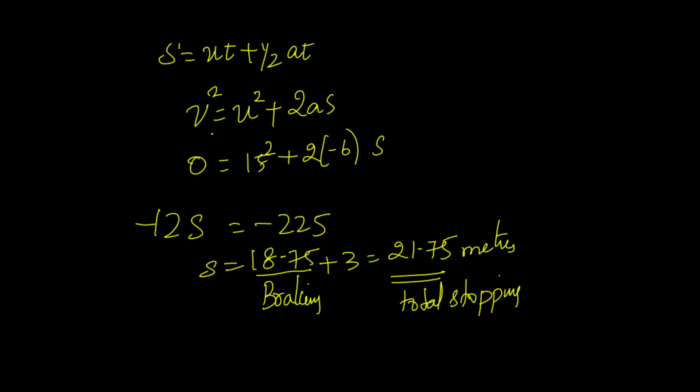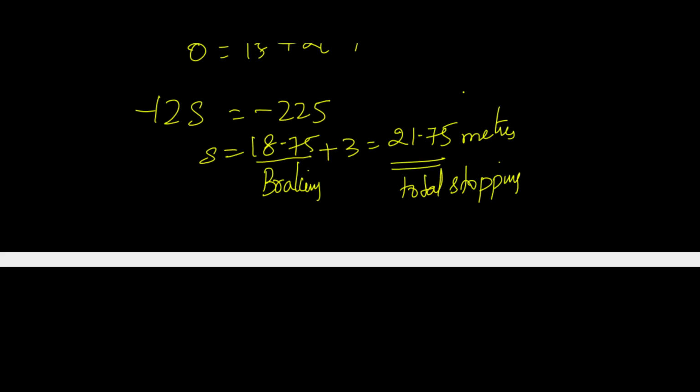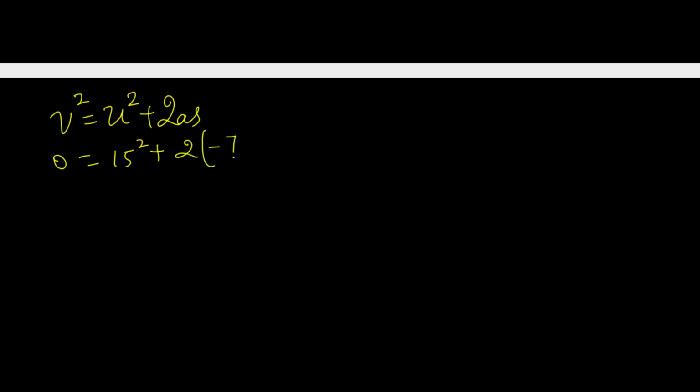I can directly calculate using V square equal to U square plus 2AS: 0 equal to 15 square plus 2 into deceleration minus 7.5 into S. 15 square is 225, divided by 15, the answer is 15.